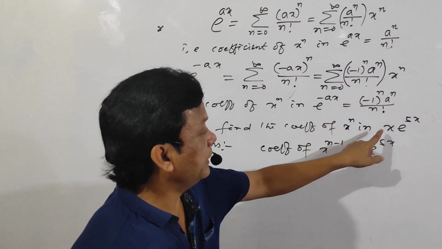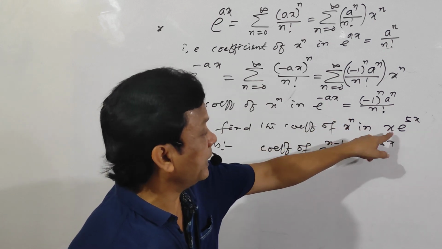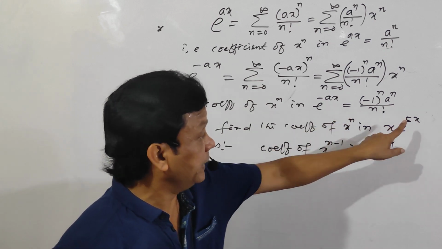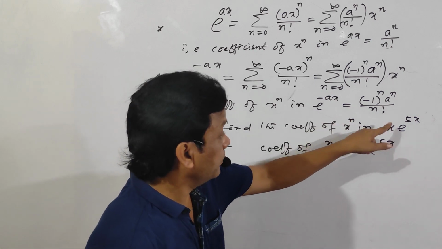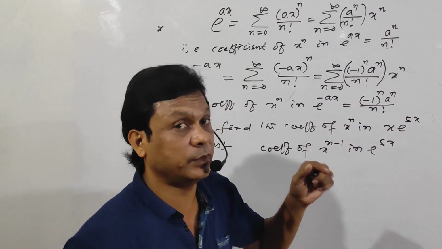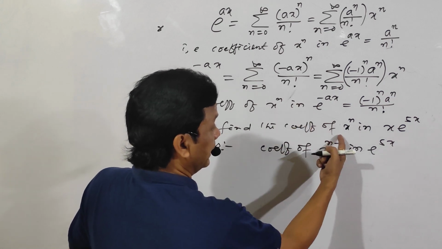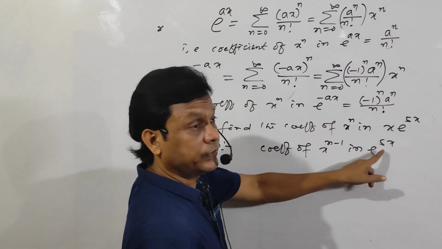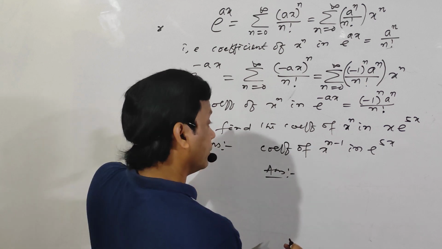Coefficient of x to the n in x into e to the 5x. So take x to this side. It will become x to the n by x. That means x to the n minus 1 in e to the 5x. The logic is that x to the n by x means x to the n minus 1 in e to the 5x. And in the formula, n is replaced by n minus 1. Here a is 5. So what is the answer?